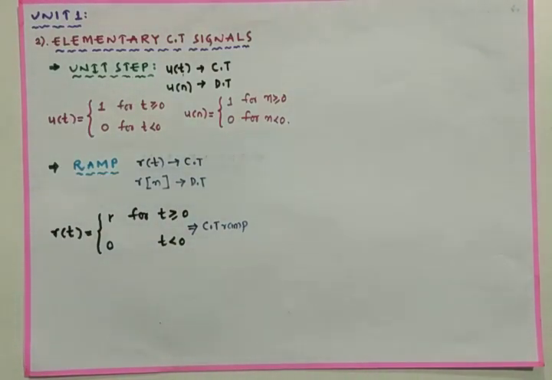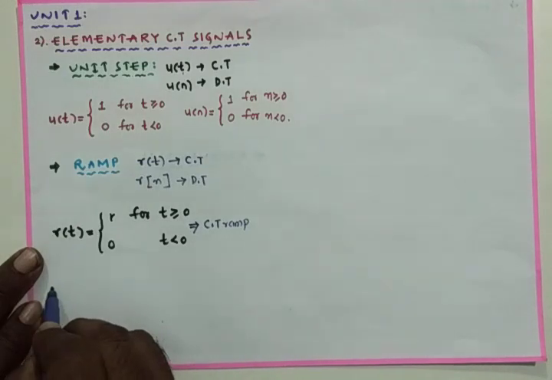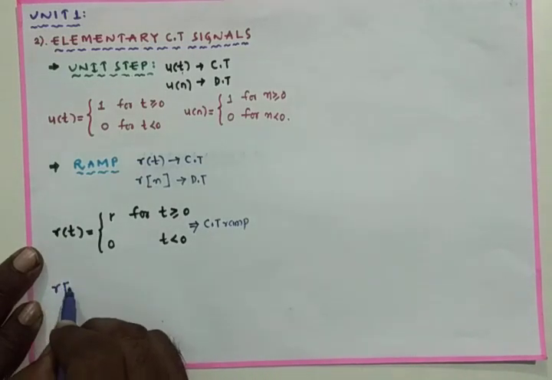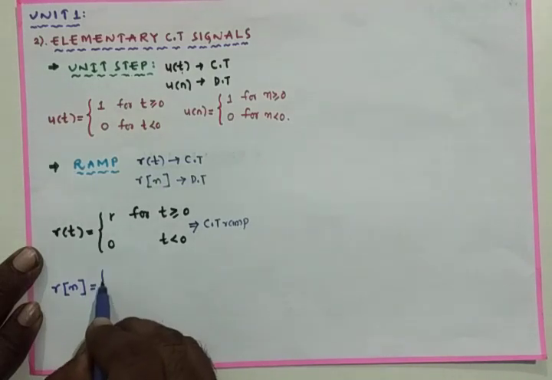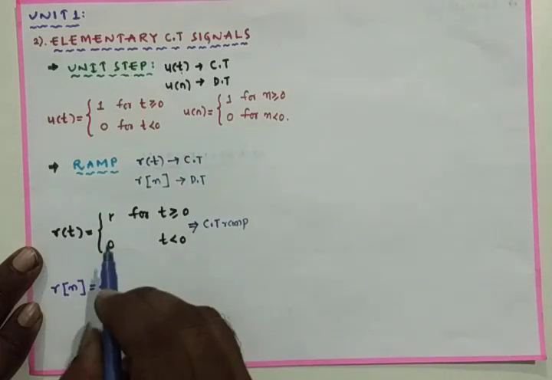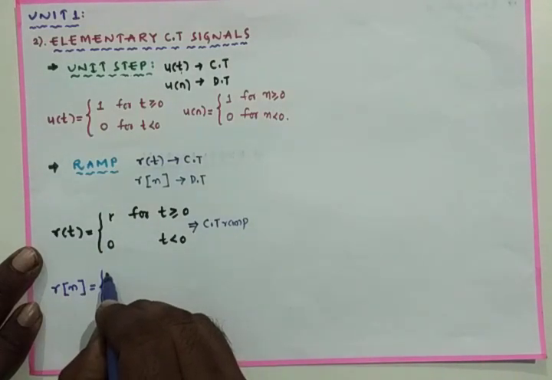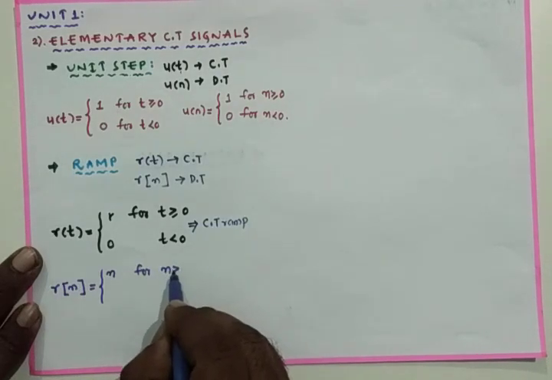We can define the same ramp signal in case of discrete time, denoted with r of n. The ramp function is nothing but the ramp signal, which is linearly increasing, so this value is n for n greater than or equal to 0.